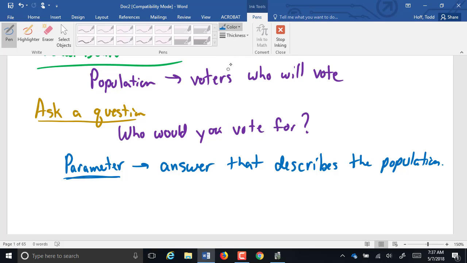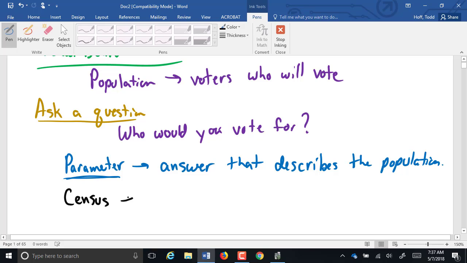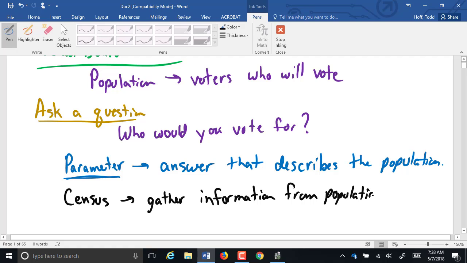Attempting to gather information from the whole population is called a census. Every 10 years, our government attempts to do a census. We got one coming up here in about a year and a half, 2020.